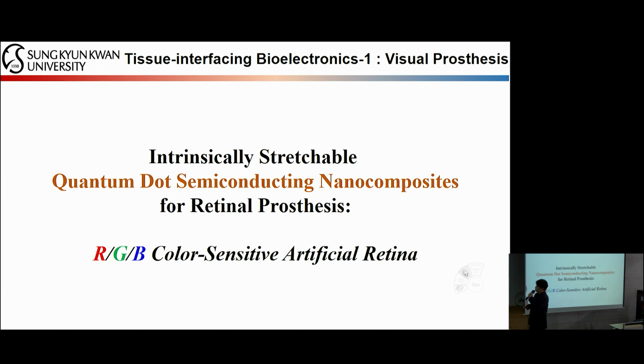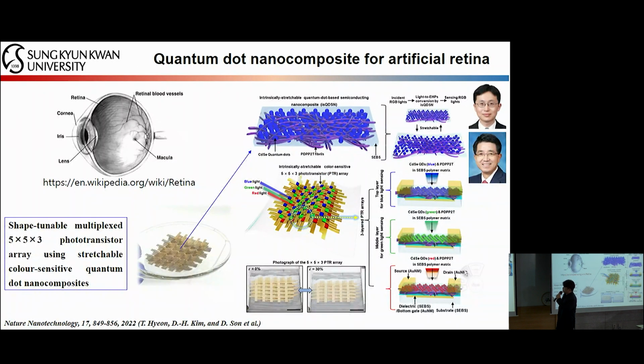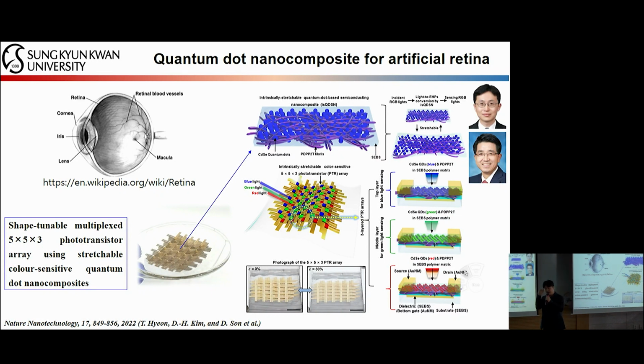This is a visual process for an RGB color-sensitive artificial retina using this kind of semiconducting material. In a biological system, especially the eye, the retina exists here.